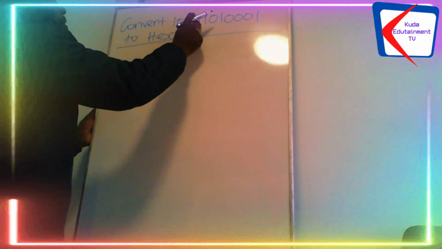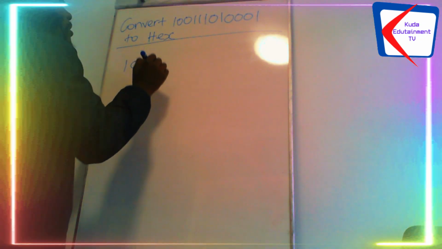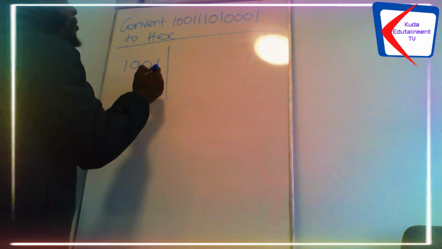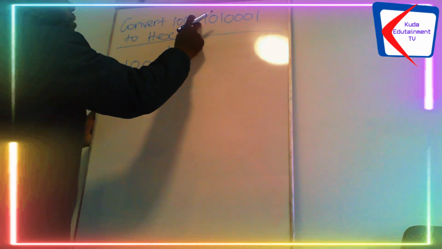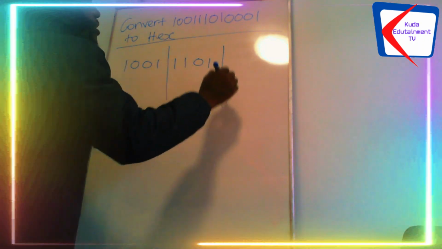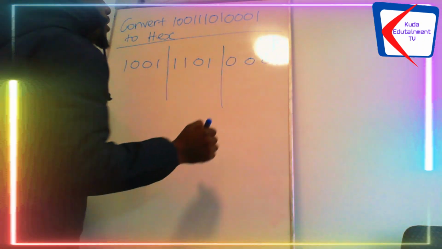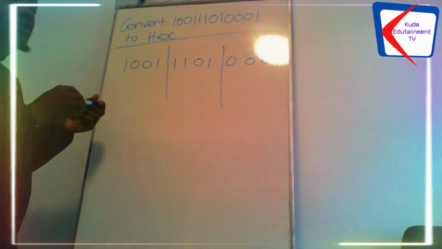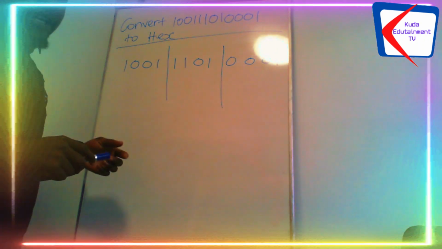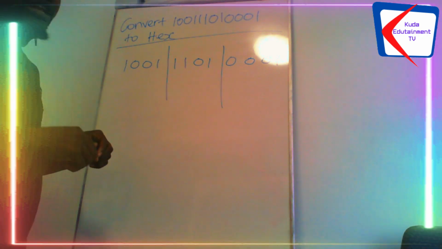So we write the first four, which are 1001. We demarcate, and then we have 1101. We demarcate, and then we have 0001. Remember, in a 4-bit binary number, the binary units 8, 4, 2 and 1 are used.